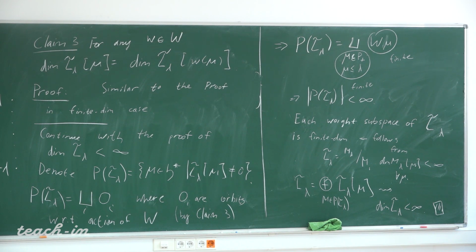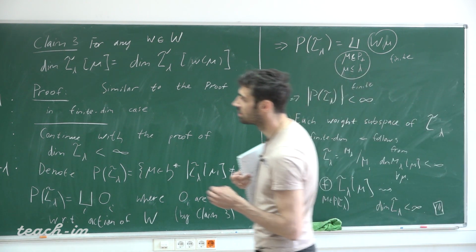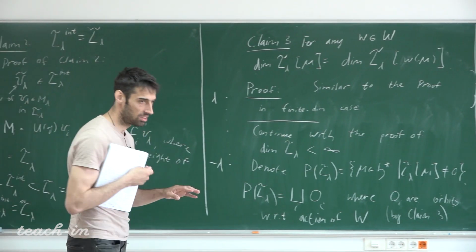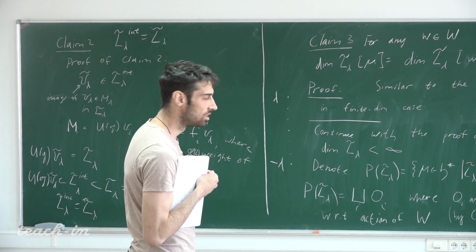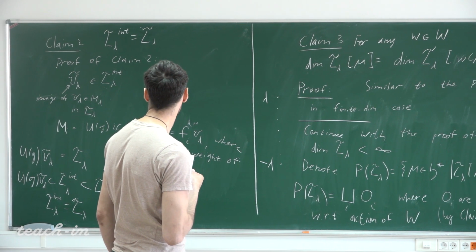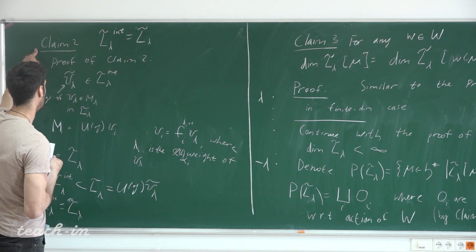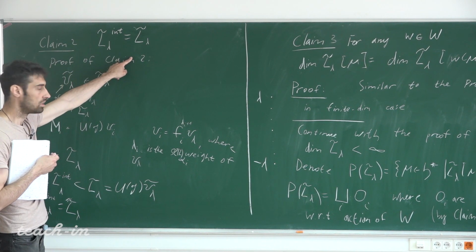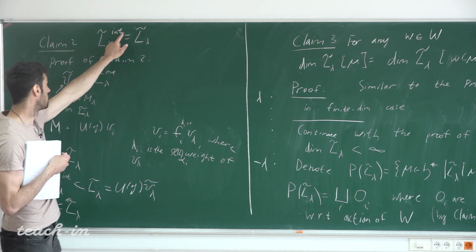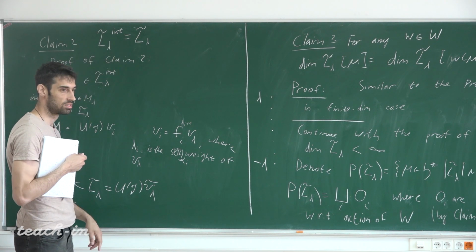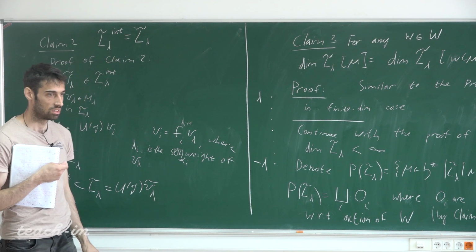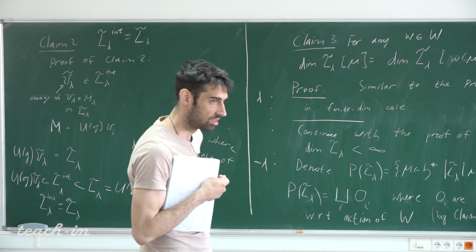That's it. Yes. Say it again, sorry. What do you mean with that notation? Claim 2. Yes, claim 2. They just coincide. I mean, in this part, you never use that factor.